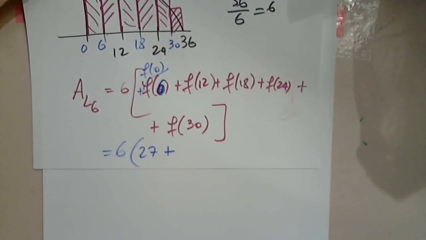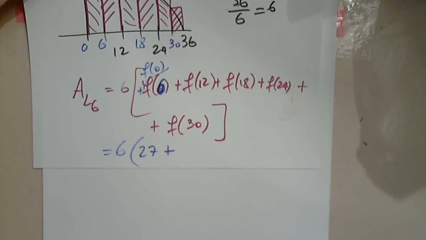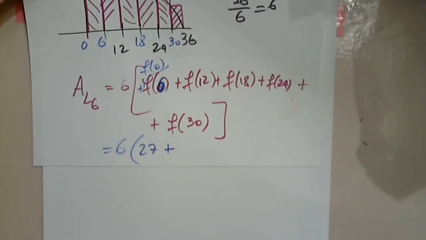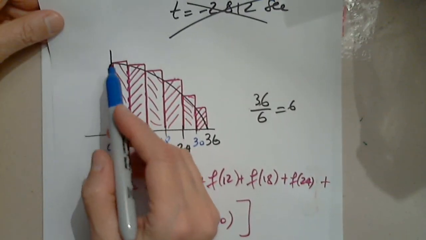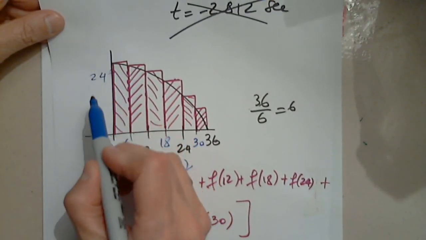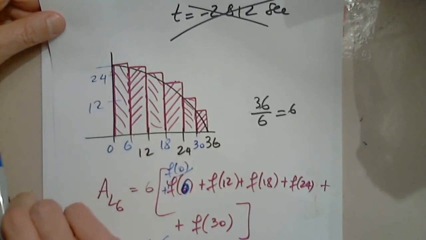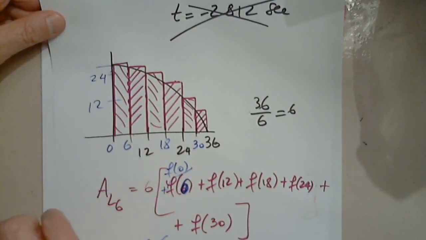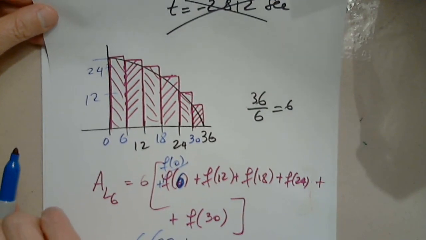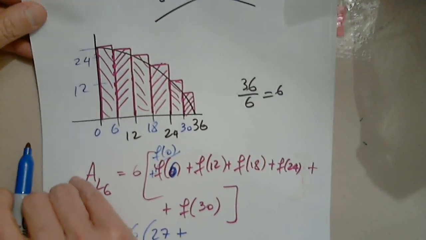F of 6 is roughly, for me, do you see the same thing with 24 here? Somewhere here? Do you see the same thing? And then 12? No, mine are 4 8s, but it's still.